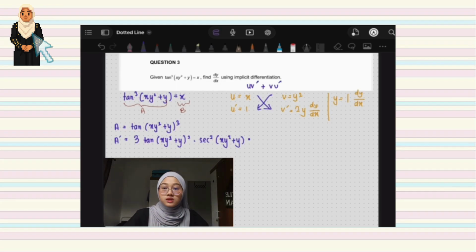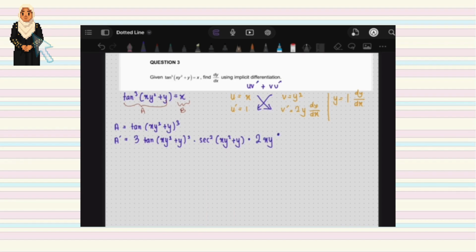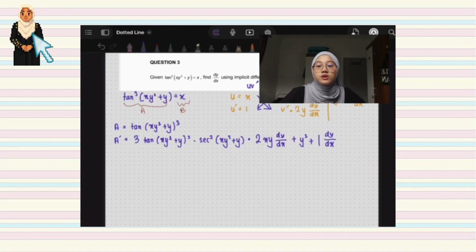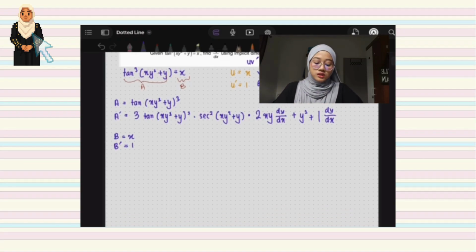When we use the product rule, we can differentiate all of it. When we settle with a prime, we need to differentiate b. For b we will get 1. For this, we make a new equation, which is a prime equals b prime.